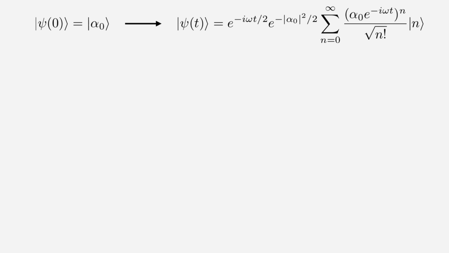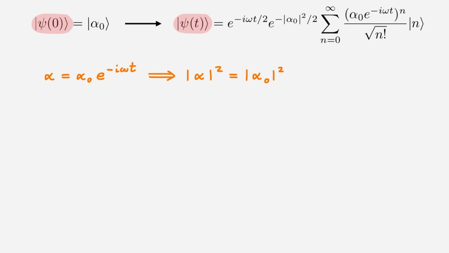So let's recap. If the initial state of the system is a coherent state here, then this here is the latest expression that we got for that state at a later time t. I'm now going to define the complex scalar alpha as equal to alpha 0 times e to the power of minus i omega t. It then follows that the absolute value squared of alpha is equal to the absolute value squared of alpha 0.